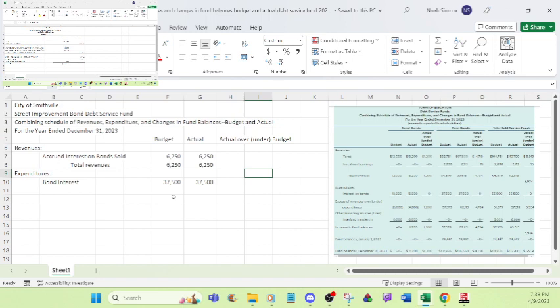There was no difference. Did I mess something up here? No. I don't even need to look to see if there's a difference. There is not a difference between budget and actual for any of this stuff.